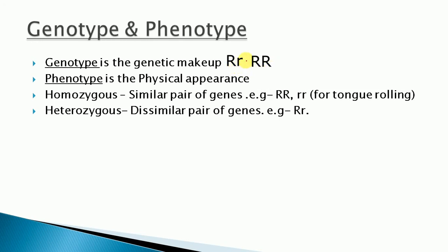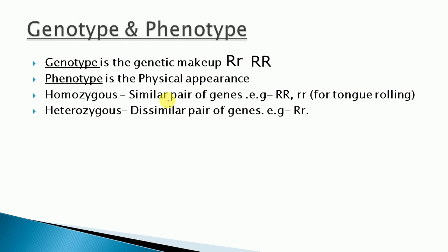The first one contains capital R and small r, while the second contains both capital R. This is known as genotype. And phenotype means the physical appearance. From the physical perspective, both of them can roll their tongue because of the presence of the dominant allele, that is the capital R. So that is the phenotype.